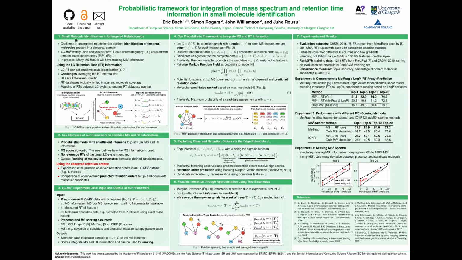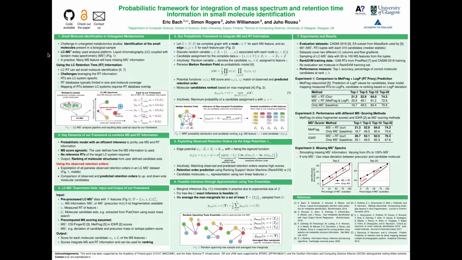So let us start here with section 1, which introduces the context in which our work is. We are in untargeted metabolomics, small molecule identification, and here the task is to find out what kind of molecules you might have in a biological sample.